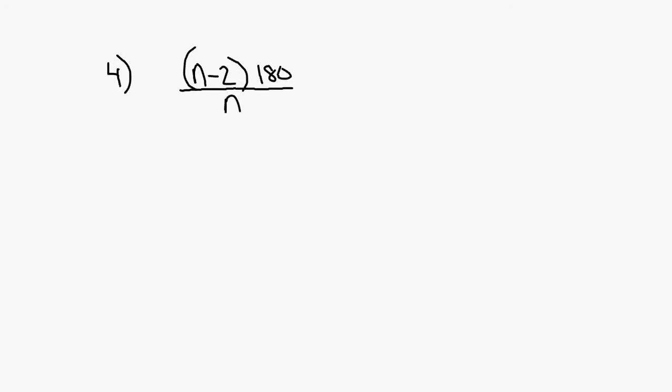There was that table, and hopefully you've got this written in your notes somewhere, unless you memorized the table. So each angle in a dodecagon is 12 minus 2 times 180 divided by 12. That's 10 times 180 divided by 12, and that's 150 degrees.